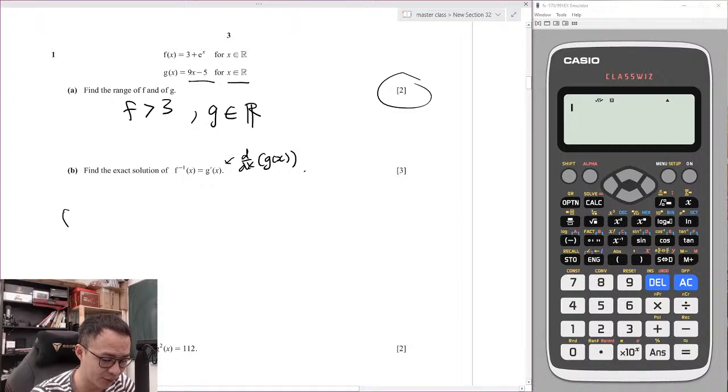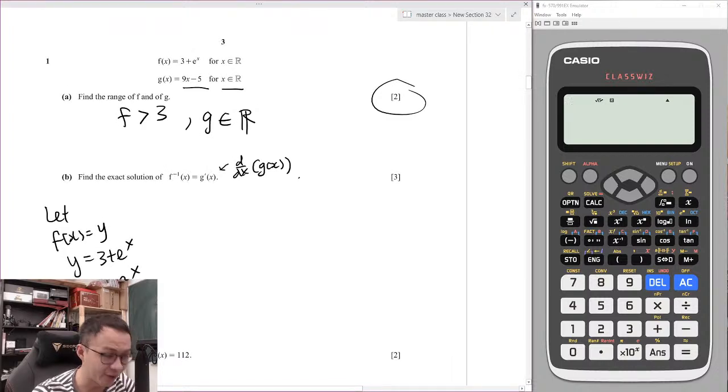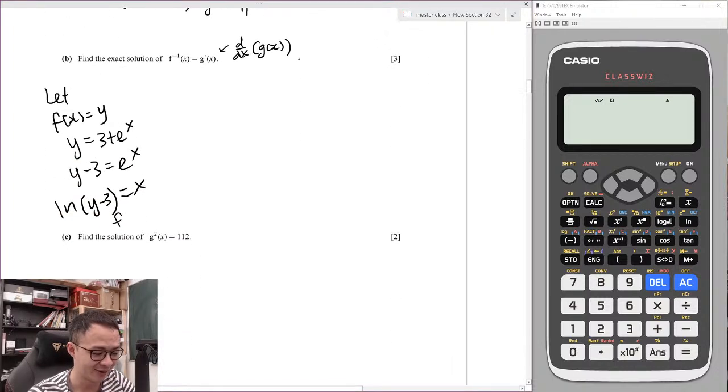Let f(x) equal y, then y equals 3 plus e to the x, then y minus 3 equals e to the x, then x becomes ln of y minus 3. Therefore, f inverse of x becomes ln of x minus 3.